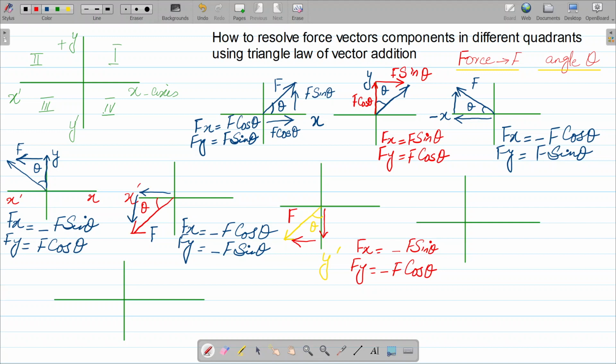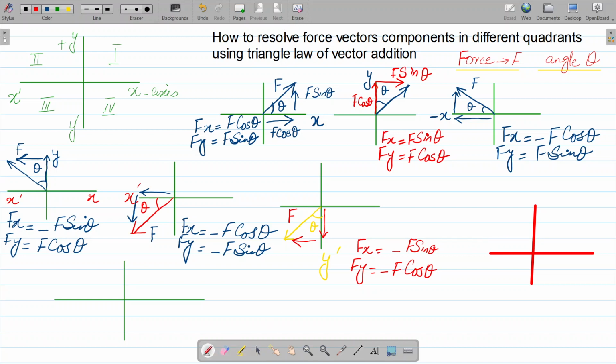Okay, so this is now done, and if we want, we can simplify this to make it easier.